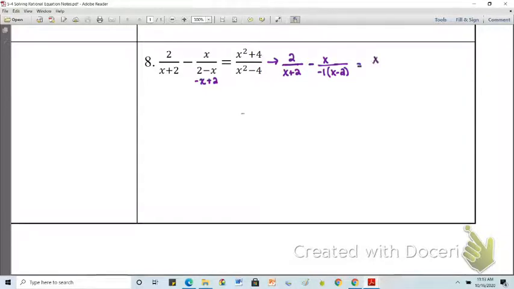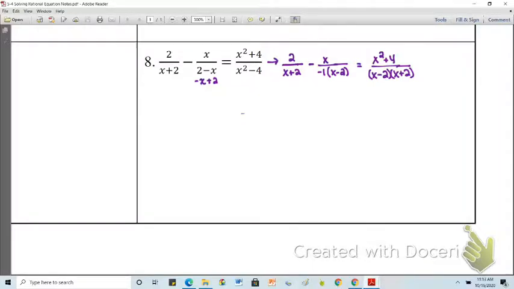That's going to equal x squared plus 4 all over x minus 2 times x plus 2. The great thing with a negative 1 in the denominator is that I can move it. If I have a negative 1 on the bottom or a negative 1 on top, it doesn't matter. They both work.